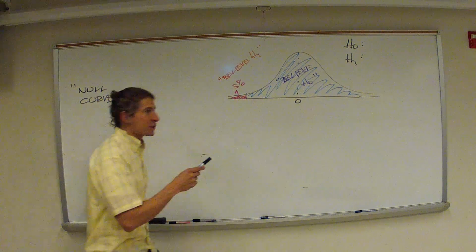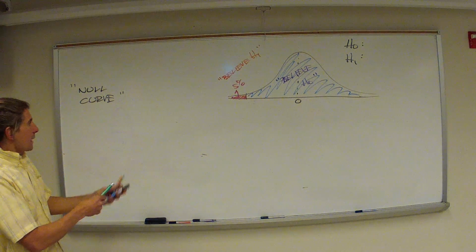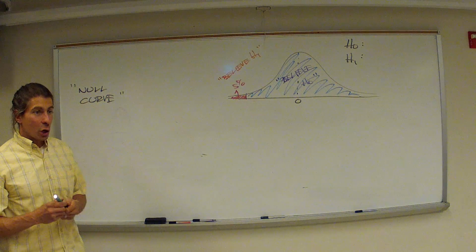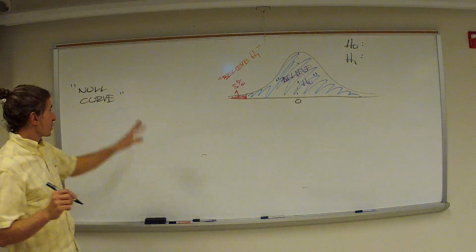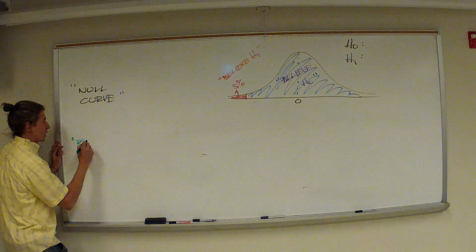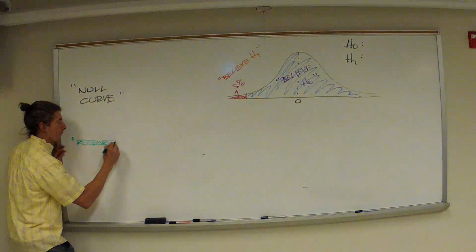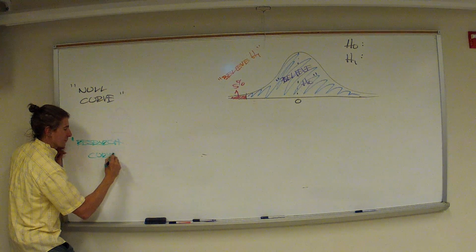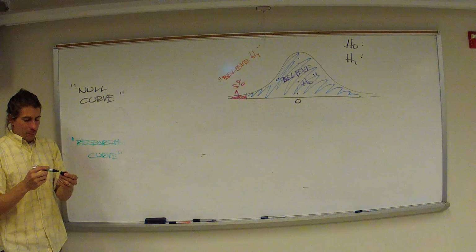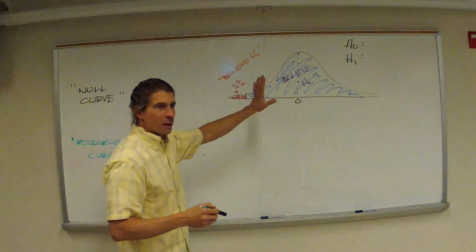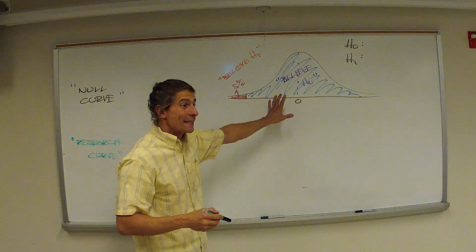But here's the deal, and this is why it's so hard to measure type 2 error. Let me draw another curve, which I'm going to call the research curve. So the null curve's here. I'm going to put the research curve down here. We drew the null curve assuming that lung function parameters actually didn't get decreased.